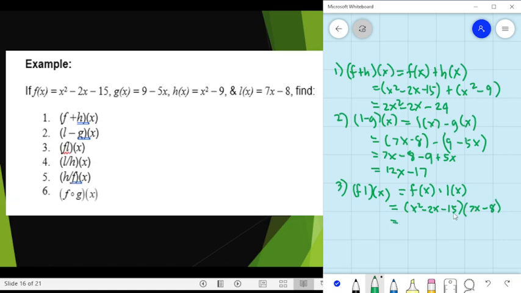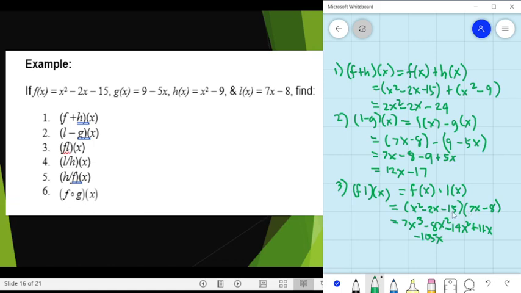Okay, so using the distributive property, we have x squared times 7x is 7x cubed. X squared times negative 8 is negative 8x squared. Negative 2x times 7x is negative 14x squared. Negative 2x times negative 8 is positive 16x. Negative 15 times 7 is negative 105x.